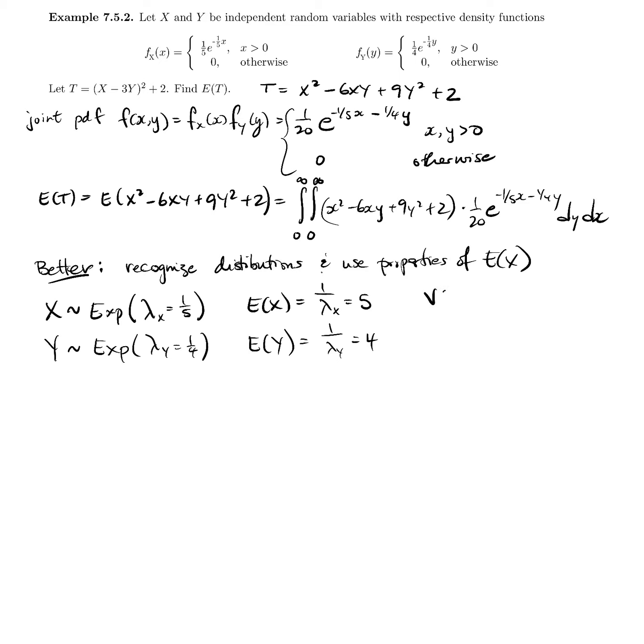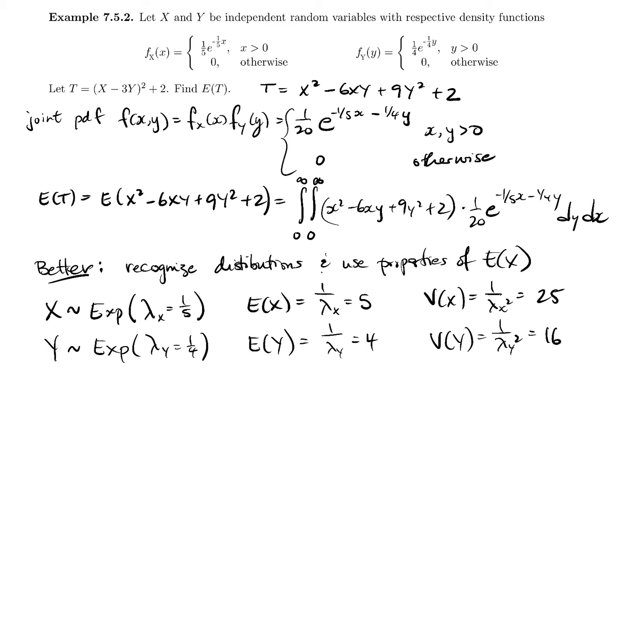We also have results about the variance. The variance of an exponential is 1 over the lambda squared. So that gives me 25 for X, and 1 over lambda squared for Y gives me 16.